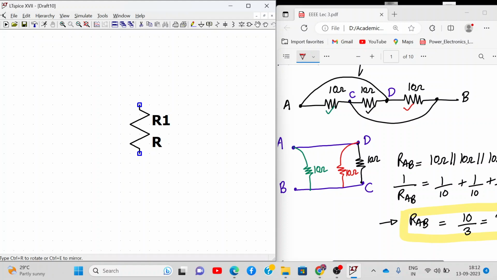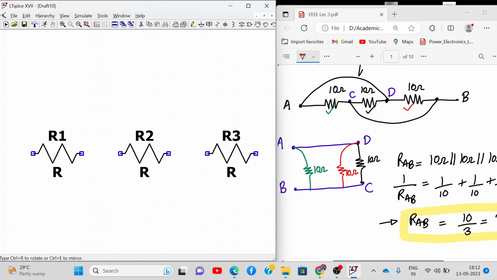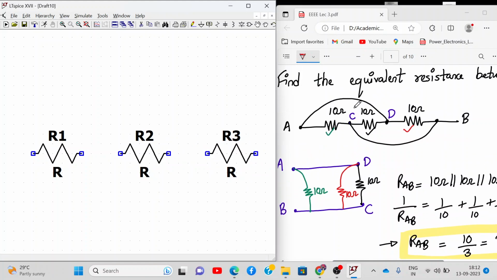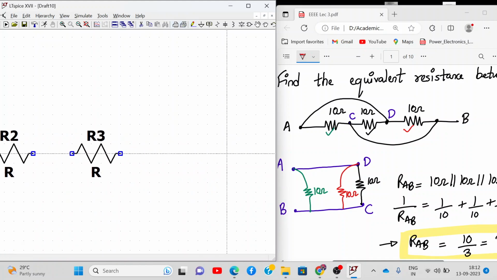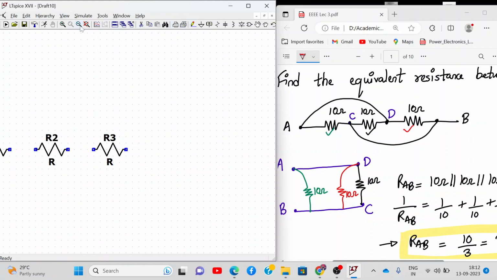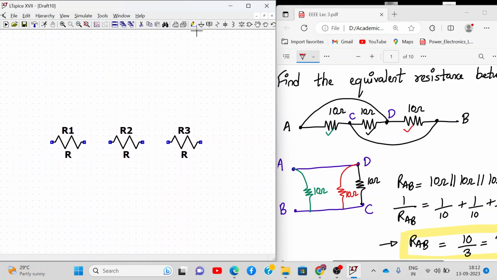We have to rotate it, so press Ctrl R. I have kept it over here, another one over here, and a third one over here. Okay, I'll recreate the original circuit and I call it RAB. Alright, and then I'll connect the three together. Let me adjust to the screen. Okay, so I'll connect the three of them together like this, and then we have internal wires connected.